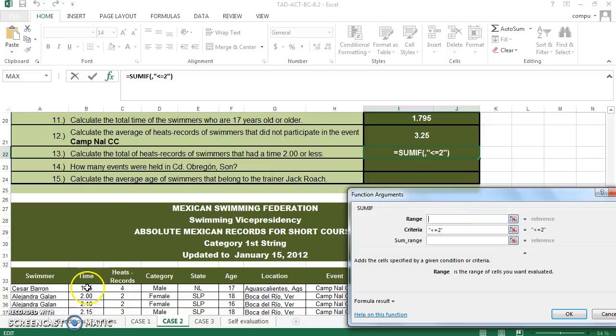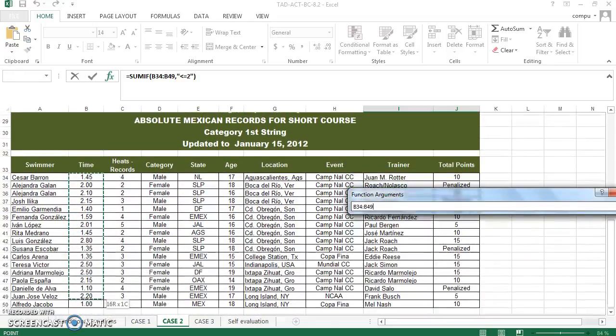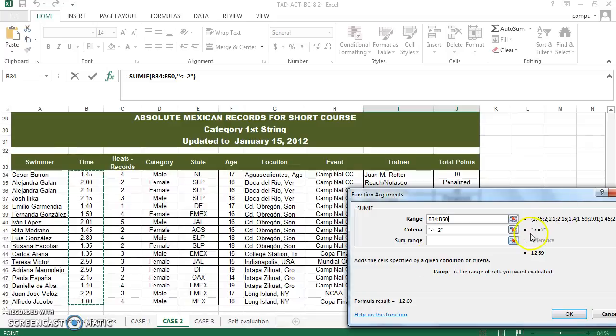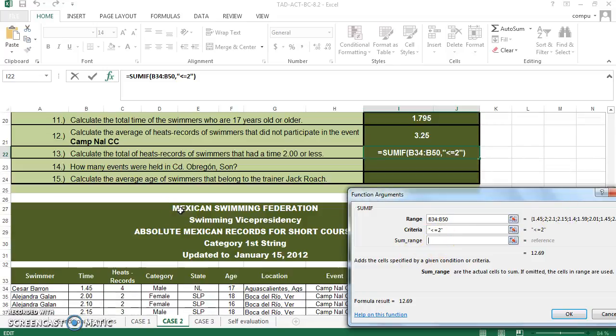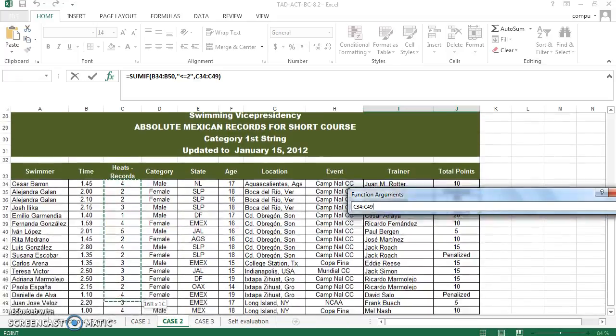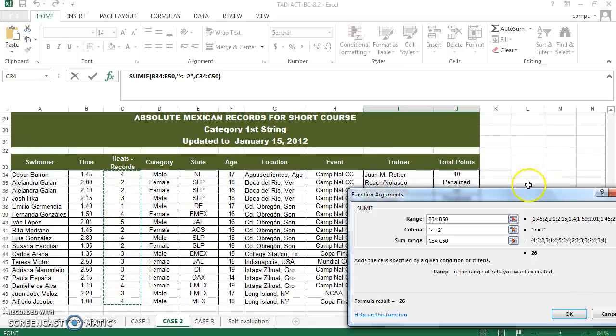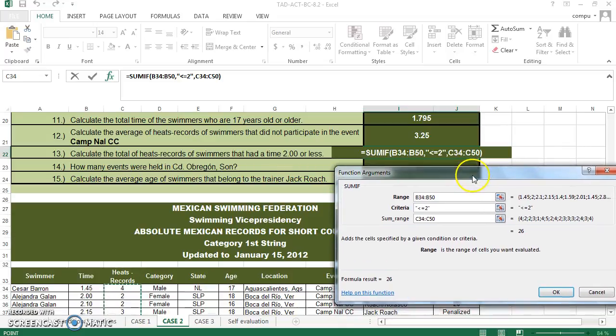The time is provided in column B. Here we have them, and we should add the heats records. This is the answer.